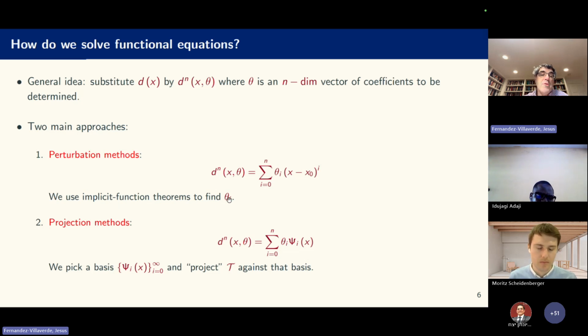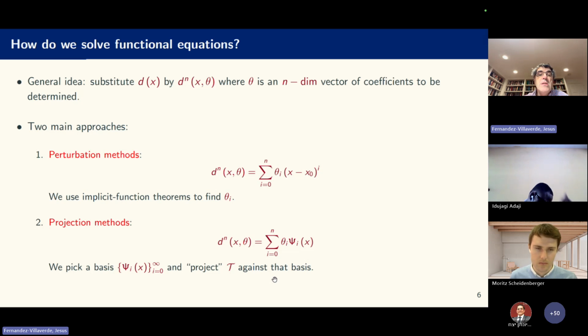Or we can have projection methods, where what we do is we approximate the function d as the linear combination of some bases, for instance, Chebyshev polynomials. And what we do is we determine the thetas by projecting T, the operator that we're looking for, against that basis.